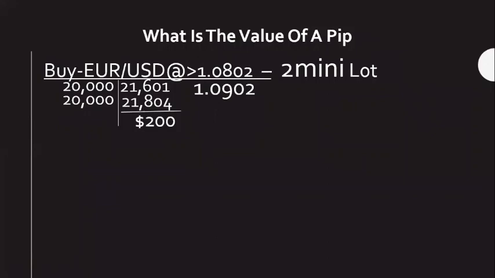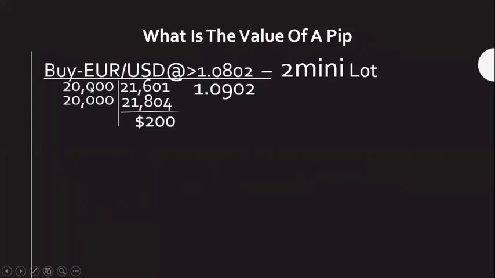So let me move forward. This is also the same thing, calculating your profit in units. What we did here is simple. We know that 1 mini lot size is 10,000 units, but we traded 2 mini lot size. We times 2 times 10,000 to give you 20,000. What we did here was we bought 20,000 units of euro with our dollar. Then the broker gave us this value here you see.